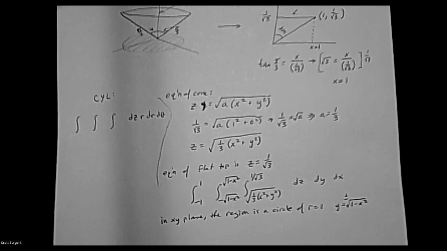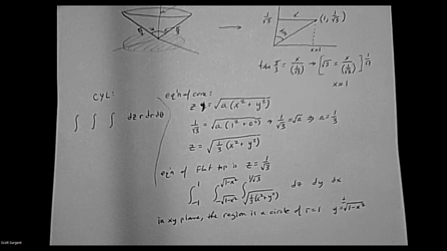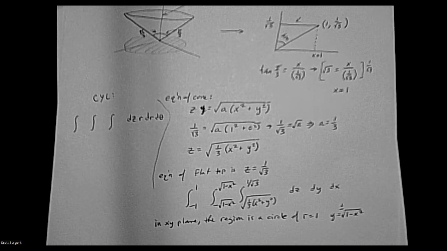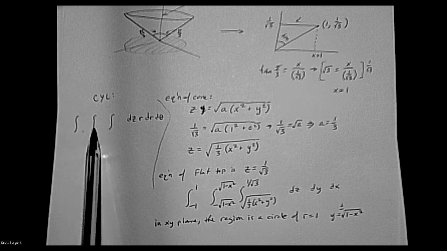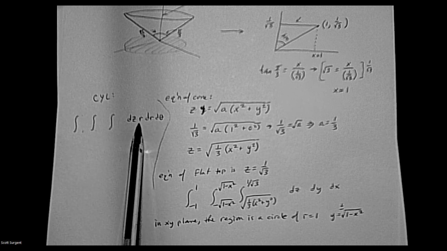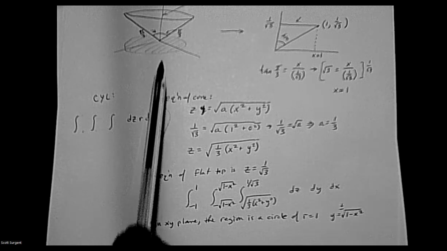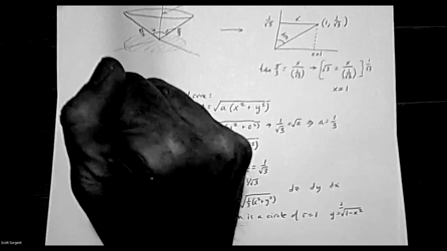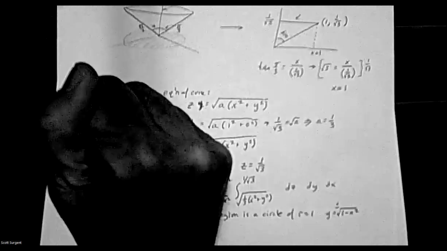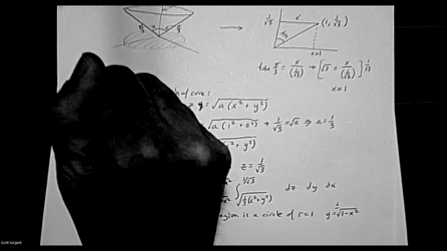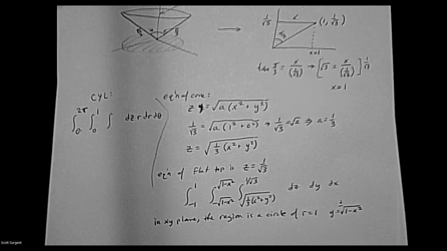The reason for that is that the x and y create a circle, so it makes most sense to trade them out for cylindrical. And the good news is that we can read off the bounds for the circle immediately. First of all, that r has to be there. That's the Jacobian. And this circle is radius 1, so the bounds for r would be 0 to 1, and then you're going all the way around, so theta would be 0 to 2 pi. That creates the bounds for r and theta for the cylindrical.